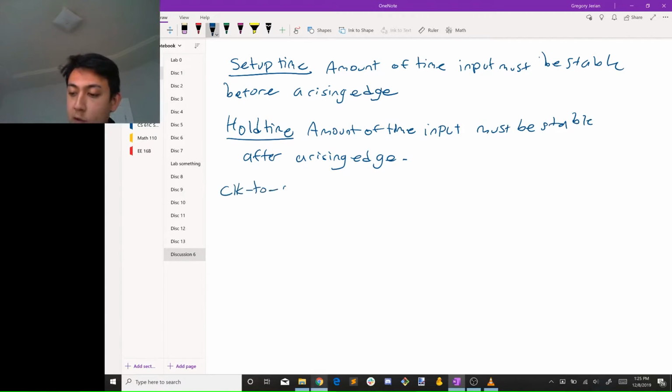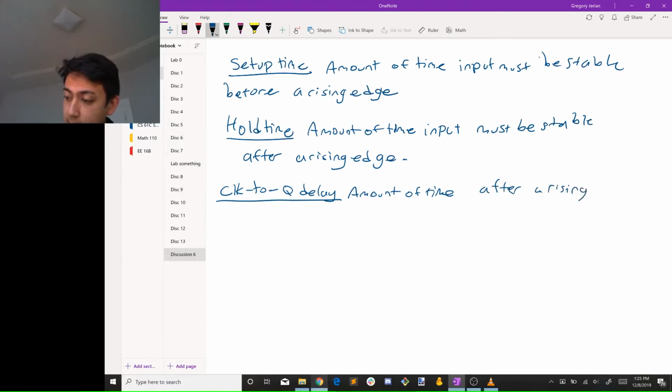Now finally, we have something called the clock to Q delay. The clock to Q delay is the amount of time after a rising edge until the output updates the input value.